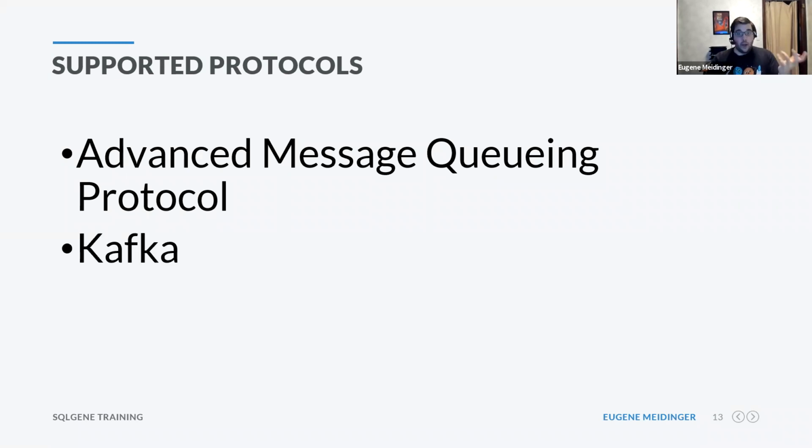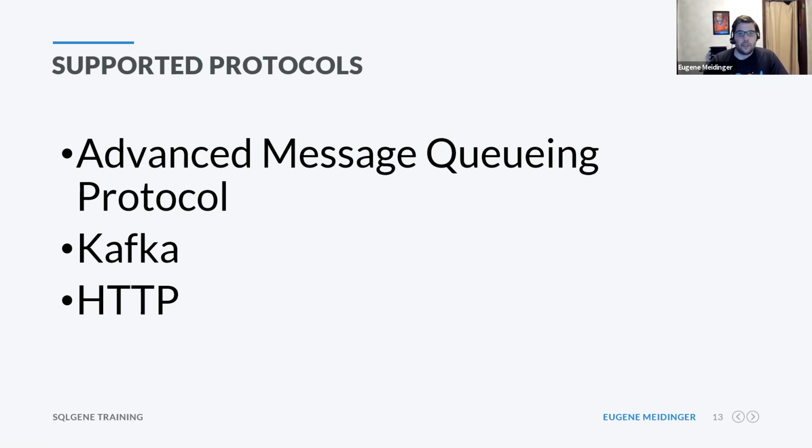There's also support for the Kafka protocol. Kafka is one of the most, if not the most, popular event hub type programs out there. For event streaming, Kafka is really, really big. And then finally, there's HTTP support, so you could just roll your own, basically.